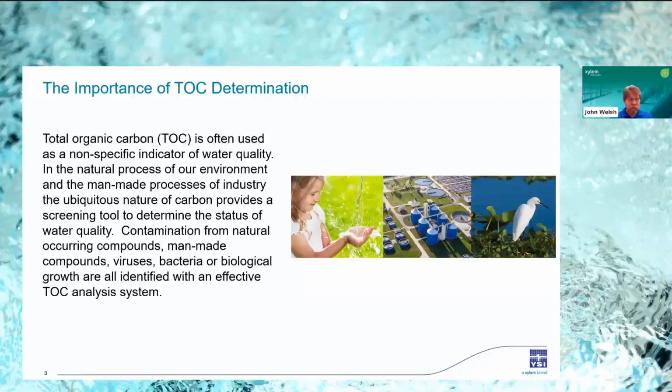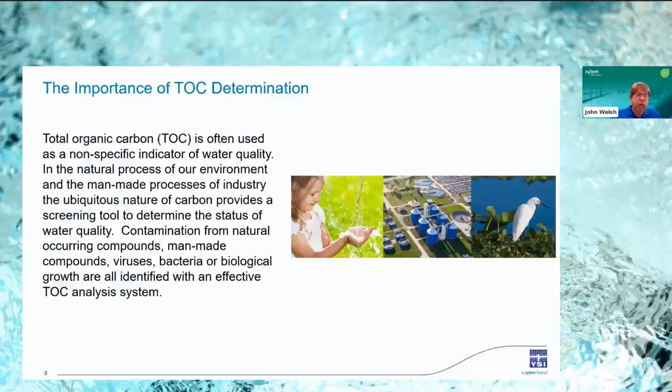The first step in water treatment processes is the removal of these compounds. The determination of TOC affords a quick and easy way to measure the amount of organic material that must be removed and the amount of organic material that has been removed in the treatment process.